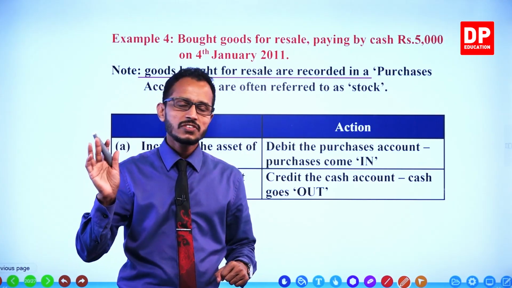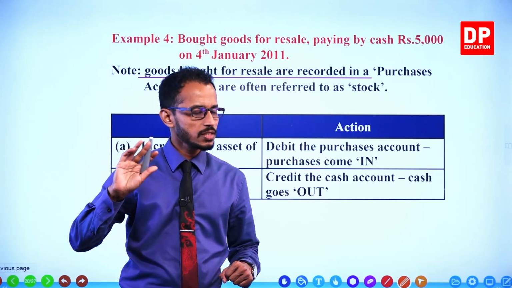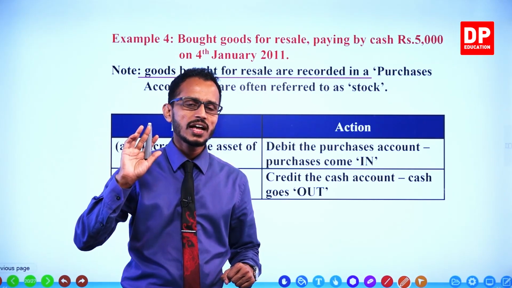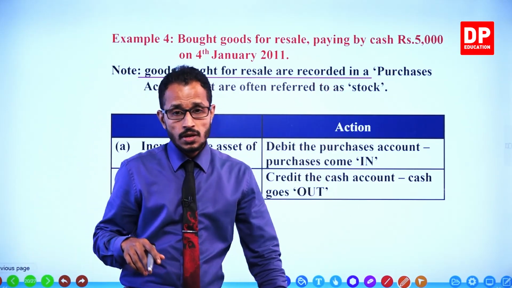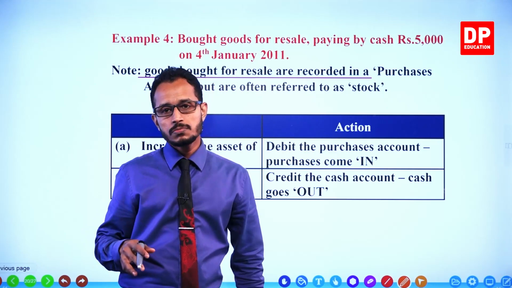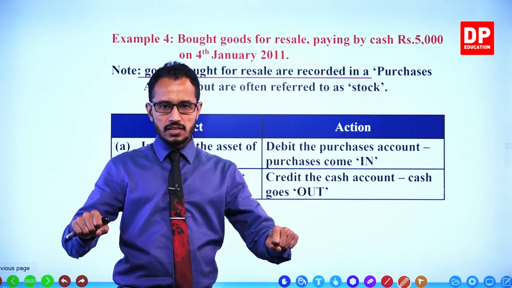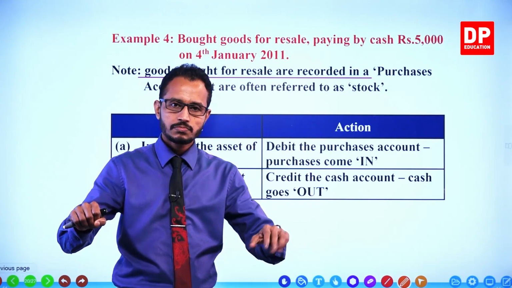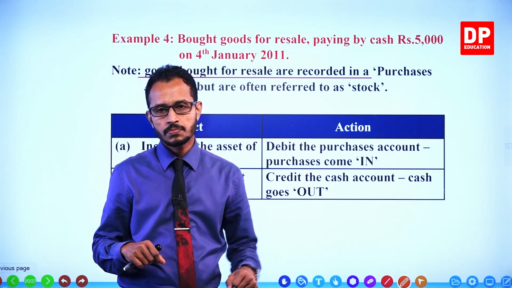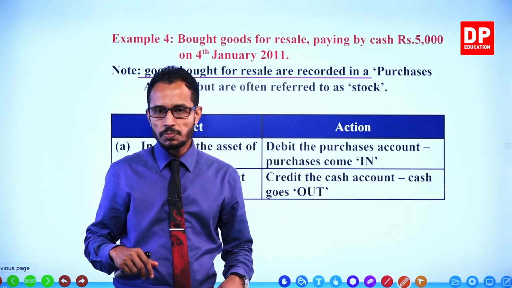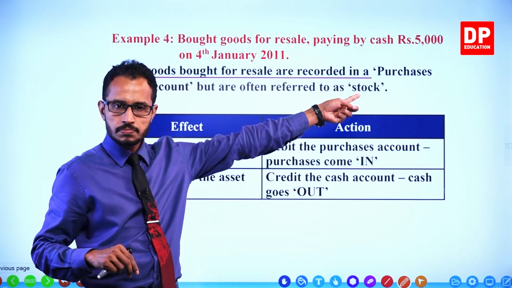Even if you purchase those assets, those transactions are not considered as purchases. Let's say you bought a delivery bike for 100,000. That should not be recorded in purchases.